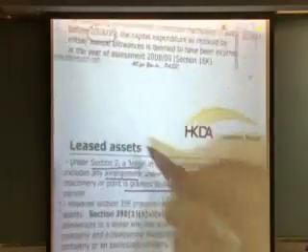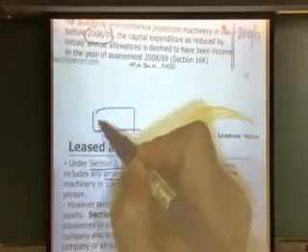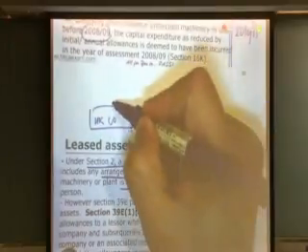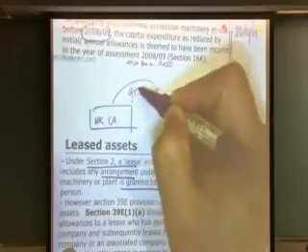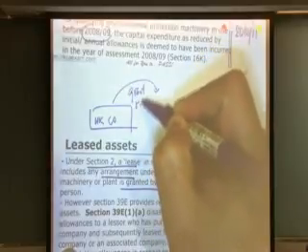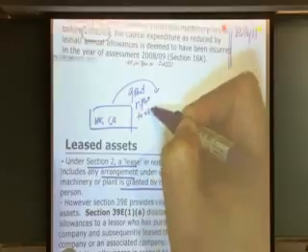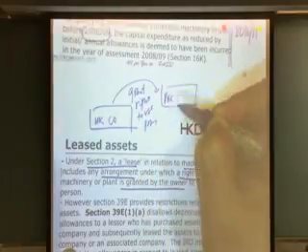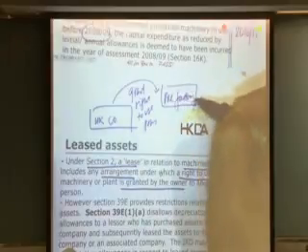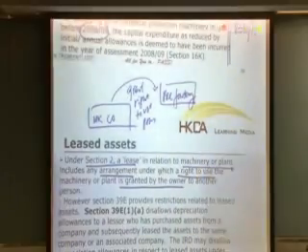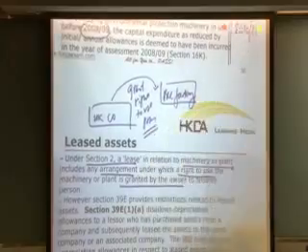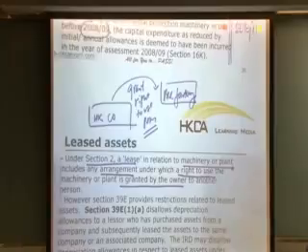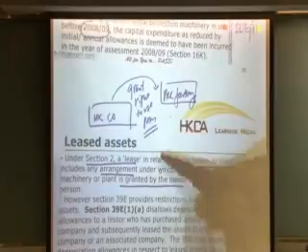Example, a Hong Kong company grants the right to use plant and machinery in a PRC factory. If that is the case, these assets are called leased assets. All right? Under what circumstances will this happen?